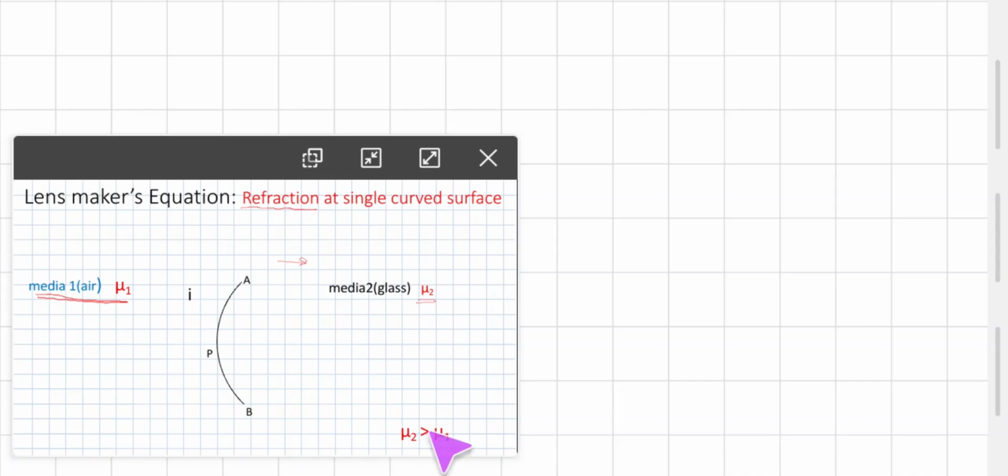Note that mu2 is greater than mu1, which you should remember. This is the optical axis. Now let us consider the object O is placed at this point, to the left hand side of the surface of the lens.